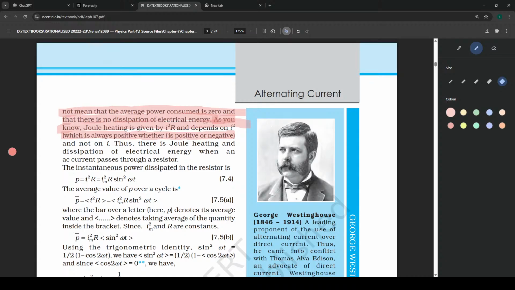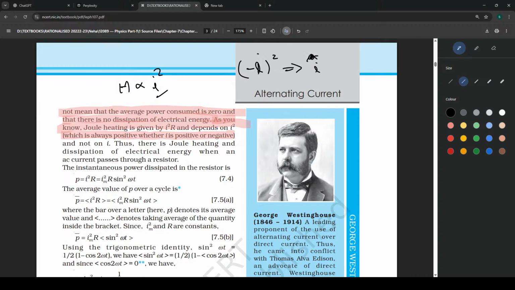Basically, we know the law of Joule's heating, where the energy dissipated is directly proportional to I squared, resistance, and time. So even if the value of I is negative, meaning in the reverse direction, the heating will still be there.